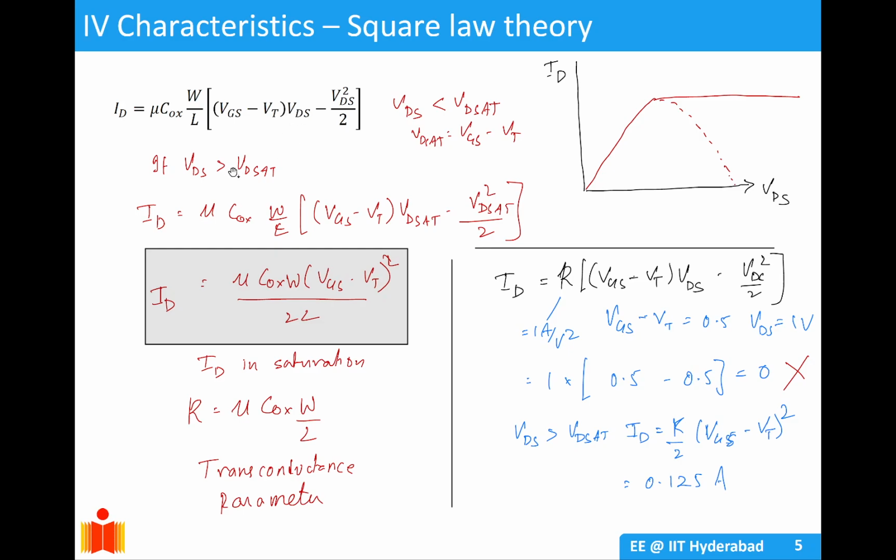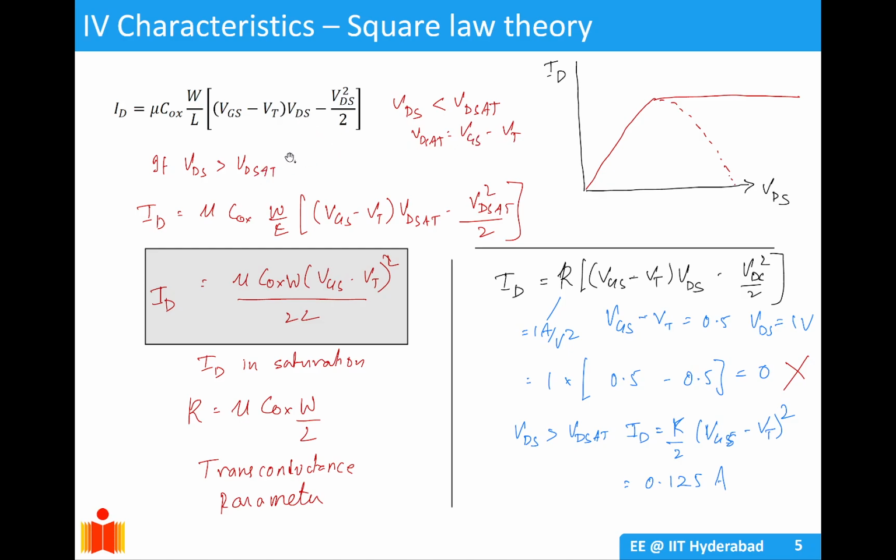So when VD is greater than VD sat, VD sat is your VGS minus VT.